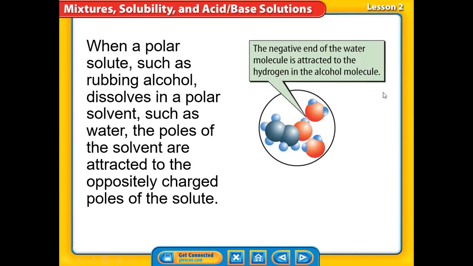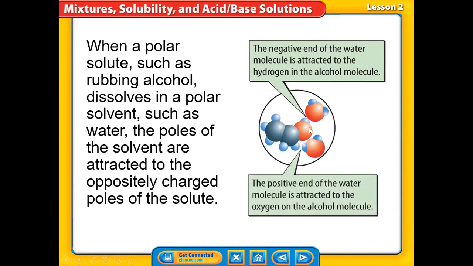So here, we're going to find the negative end of the water, which is the oxygen, attracted to the positive end of the alcohol. At the same time, the negative end of the water is attracted to the positive end of another water molecule by something called the hydrogen bond. Later, the positive part of the water is attracted to the negative part in the alcohol.